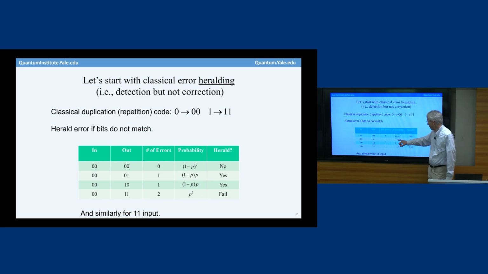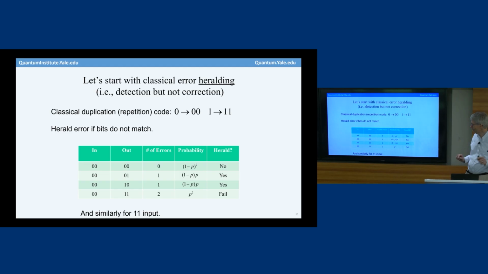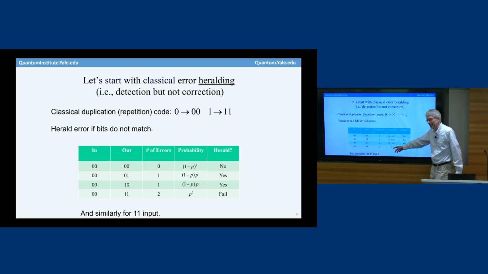But the most likely error when P is small is either 0 errors or 1 error. And if there's 1 error, the flag goes up and you say, I know not to trust the message because something's wrong. A small amount of the time, 1% of the time, I totally get fooled. I think there's no error.